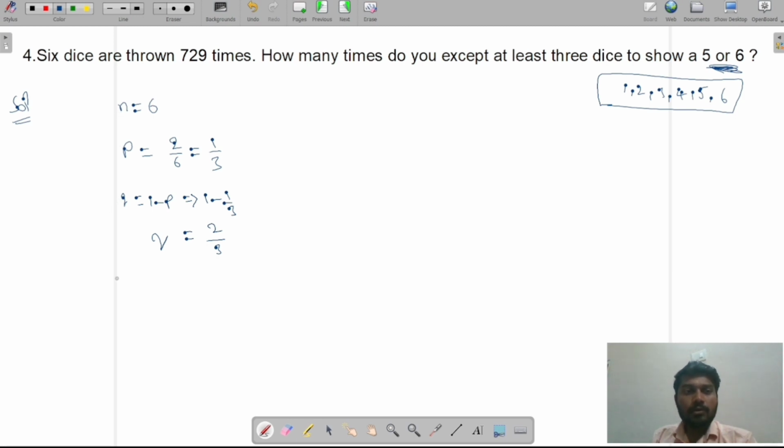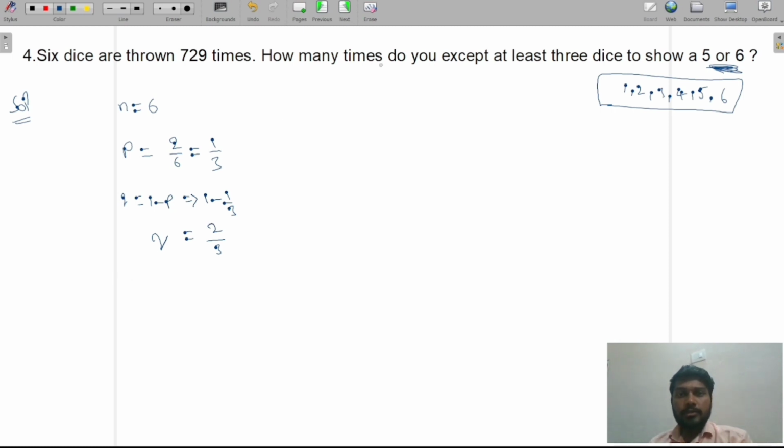Yes. And now what is asked in the question? How many times do you expect at least 3 dice to show 5 or 6? Can I denote P of x greater than or equal to 3? Because at least 3 dice show 5 or 6.